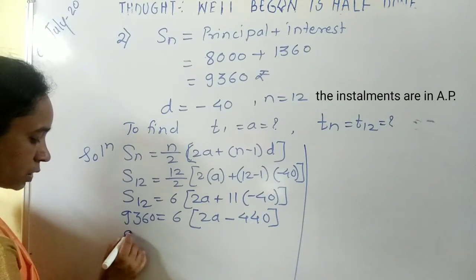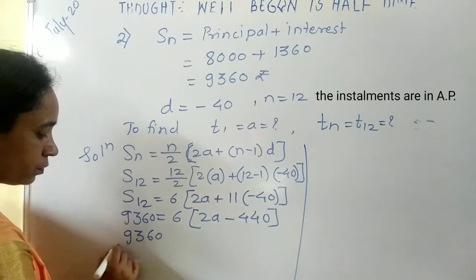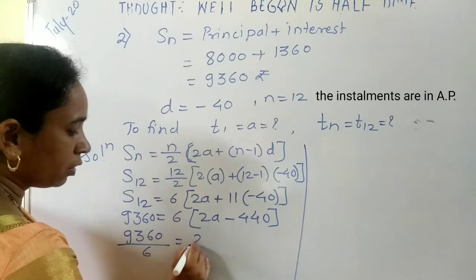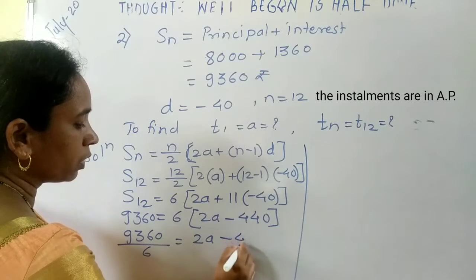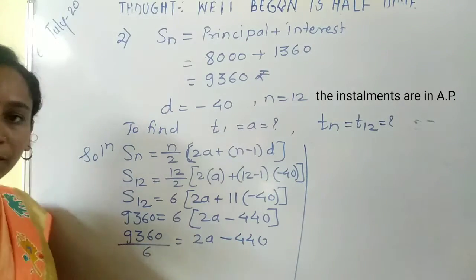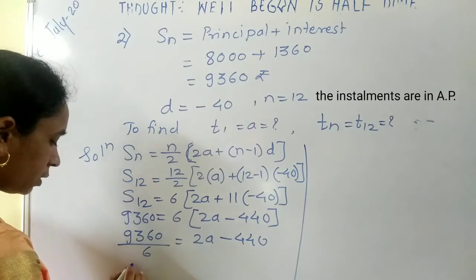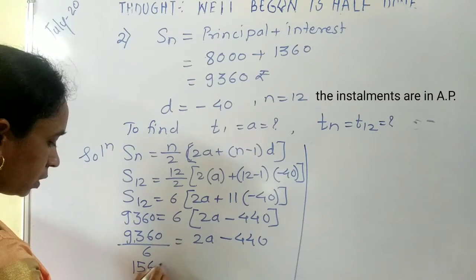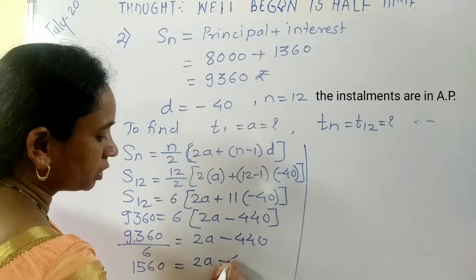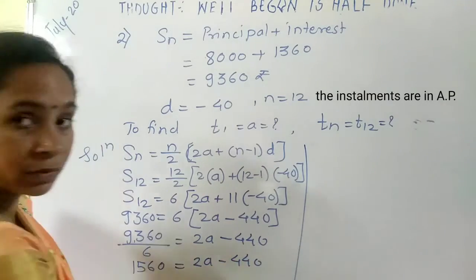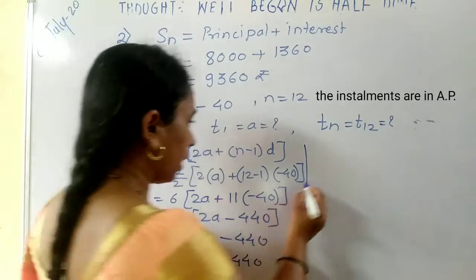Transfer the 6 to this side, so it will be in division. 9360 divided by 6 gives 1560, which is 2a minus 440. Transfer this to this side, so it will be in addition.